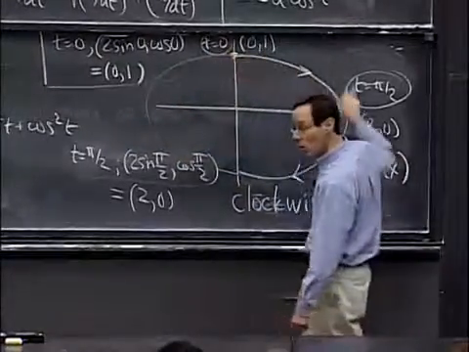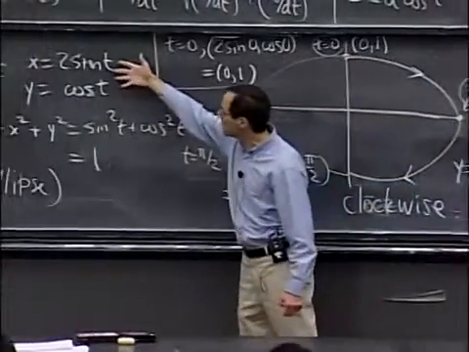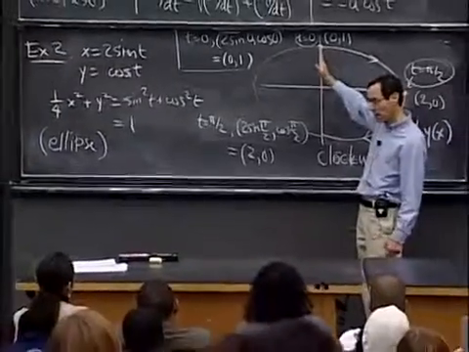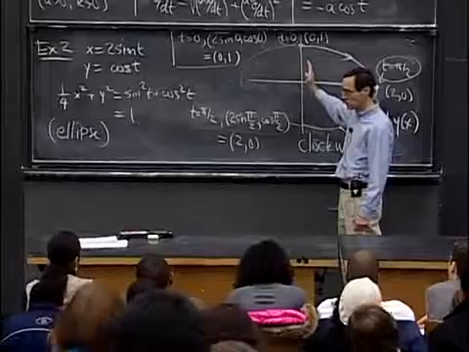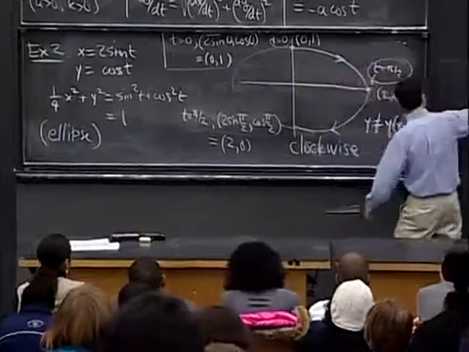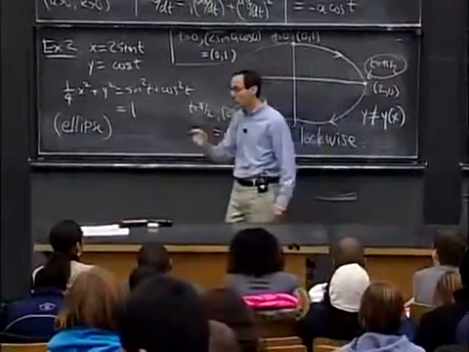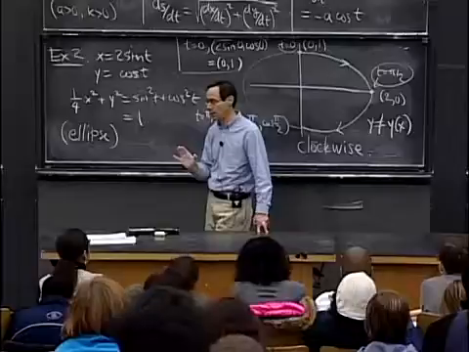And this is 2 pi. When you go all the way around once, it's going to come back to itself. These are periodic functions of period 2 pi, and they come back to themselves exactly at 2 pi. That's why we know in order to get around once, we need to go from 0 to 2 pi. And the same thing is going to come up with surface area right now. That's going to be the issue, what range of t we're going to need when we compute the surface area.